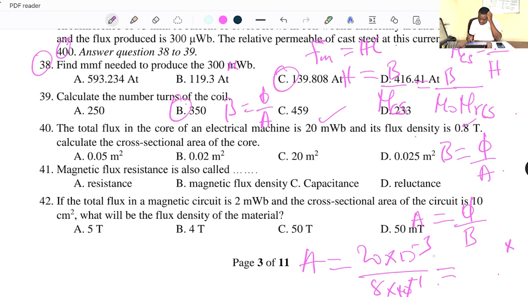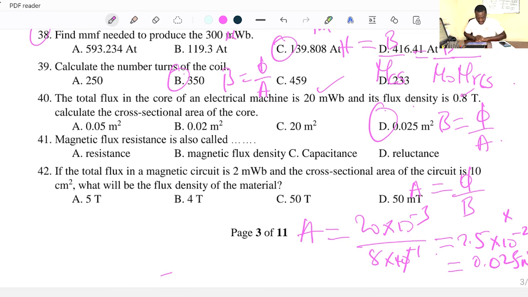So when this comes up positive, we have 10 to the power minus 2 here. 20 divided by 8 gives us 2.5. So this will be equal to 0.025 meters squared. So I get the answer here to be D, right?